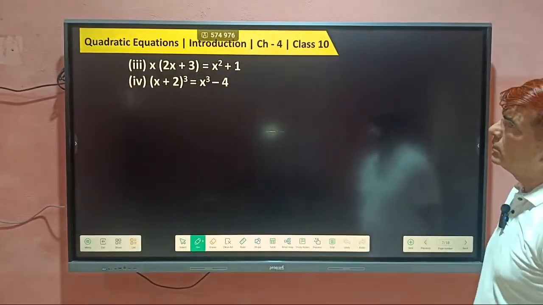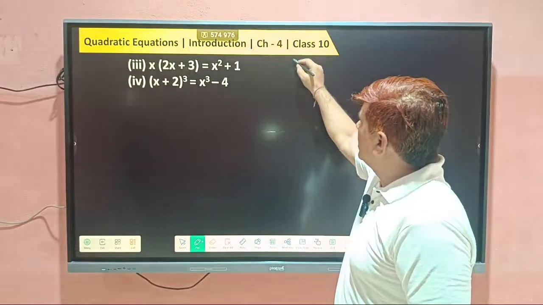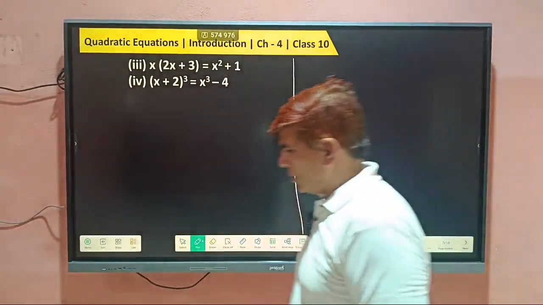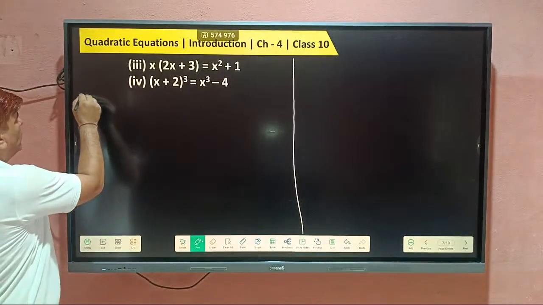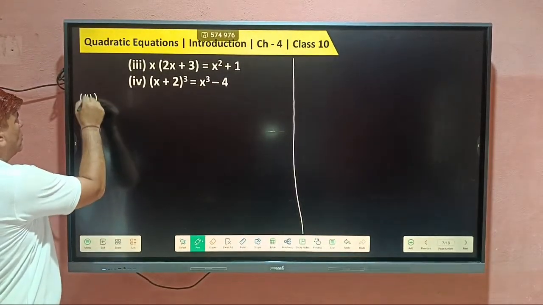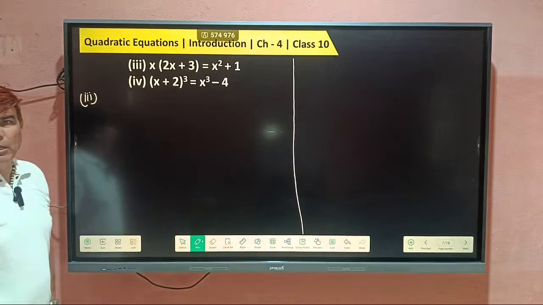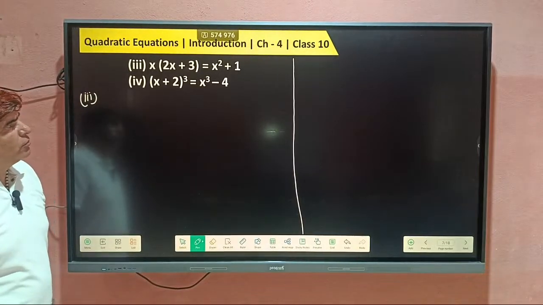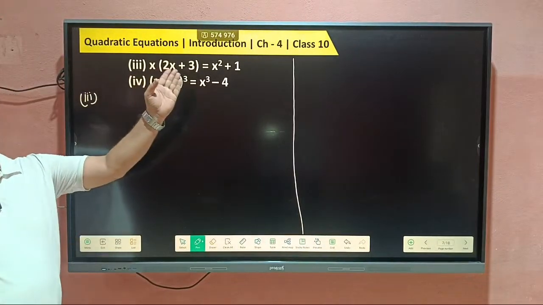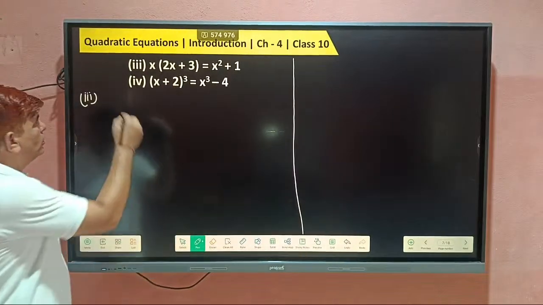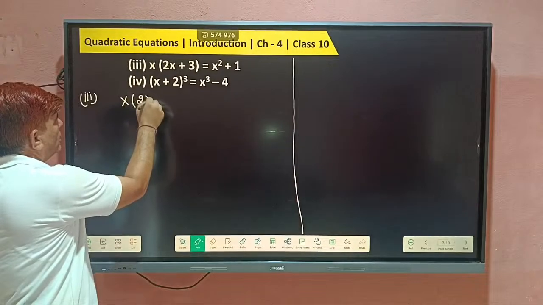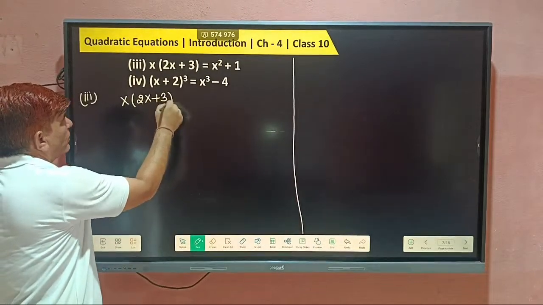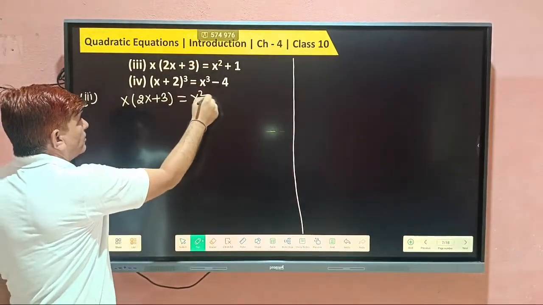Next part, the third part given, this also we can divide into 2 parts. The third part you can also solve with me. So the third part is this, side by side you also try, and I will tell you step by step. You have to tell whether this is a quadratic equation or not. So you can write x, 2x plus 3 equal to x square plus 1.